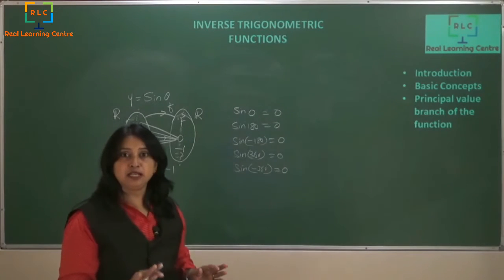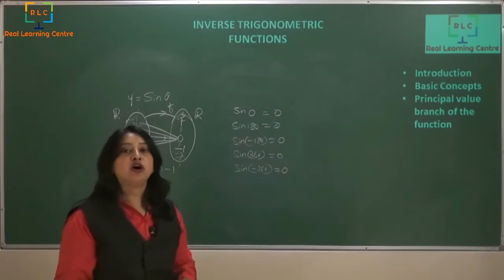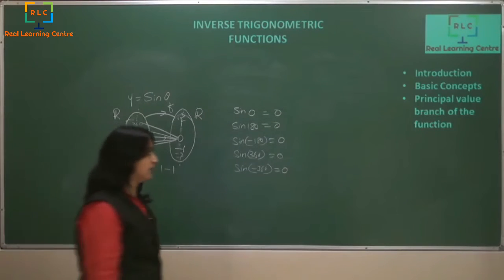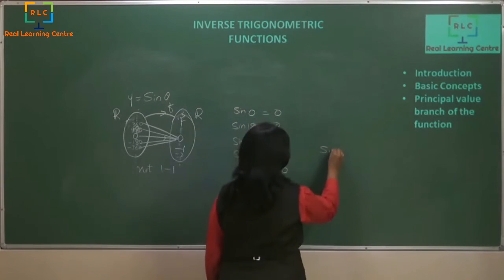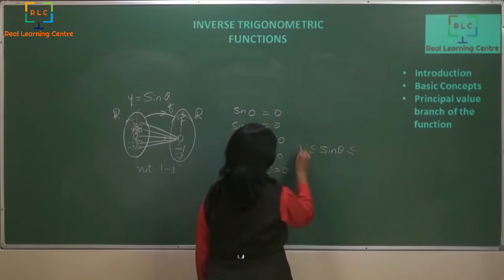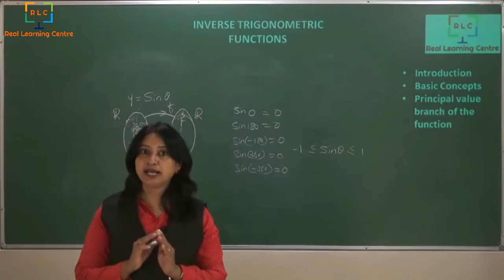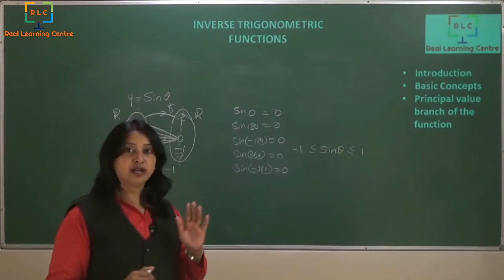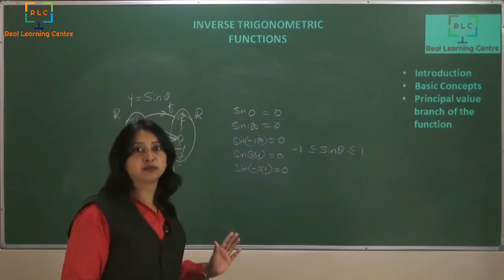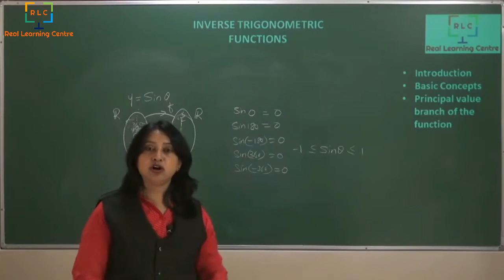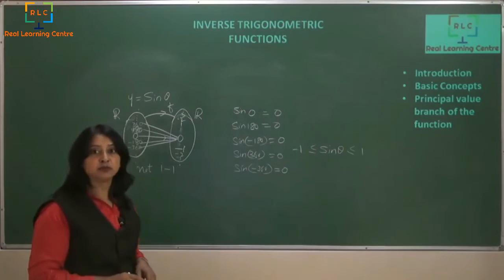Sine of any degree is not equal to 2. So, sine theta, all the values are lying only between minus 1 and plus 1. It cannot have any value which is lesser than minus 1 or greater than 1.